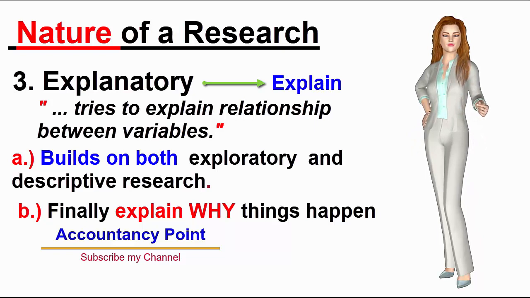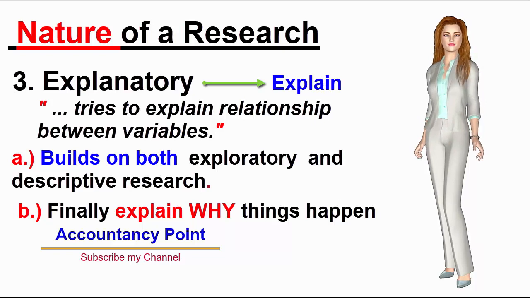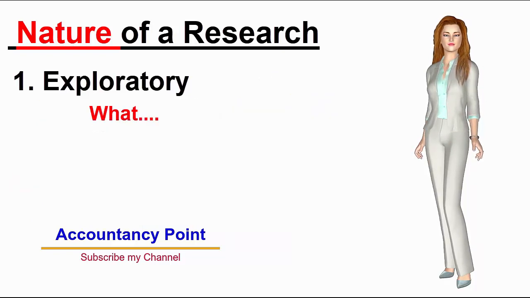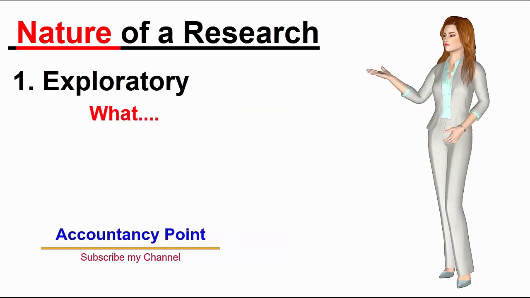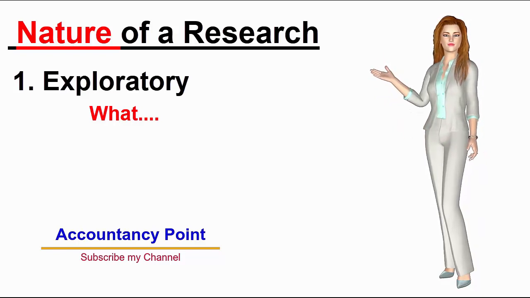An important point to mention: later on we will be talking about research questions and research objectives. There are certain question types connected with the nature of the research. If you are going to do exploratory research, your research question is most likely going to start with what. That makes sense, because you are trying to explore something, so you ask yourself, what is happening in there?